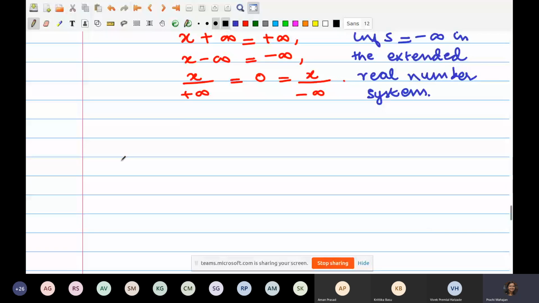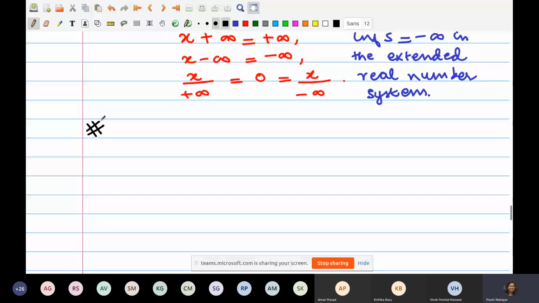Yeah, let's see. So at this point, let me make this point clear. I'm making a deviation from the sequence of Bartle and Sherbert's book. We started off with Appendix A. Then I requested all of you to read chapter 1 on your own, which I believe you would have done. Then we have seen the contents of chapter 2, except for the last section on intervals.